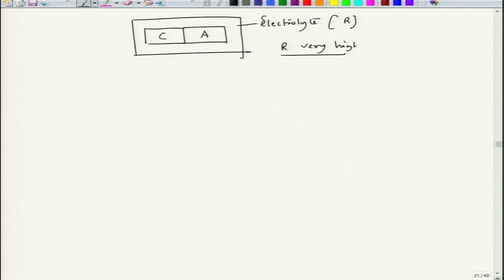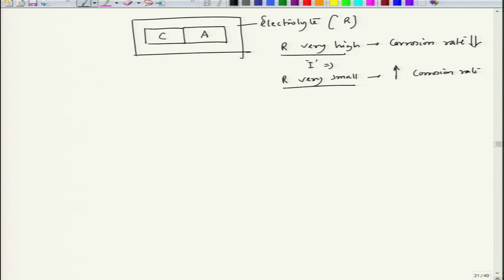In that case the corrosion rate would be very low, because the current is having a resistance to flow. Now, if R is very small, then of course the reverse will happen, the corrosion rate will go up.